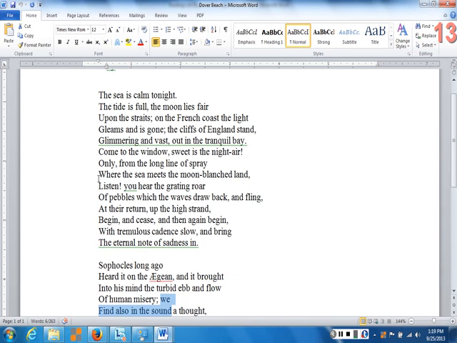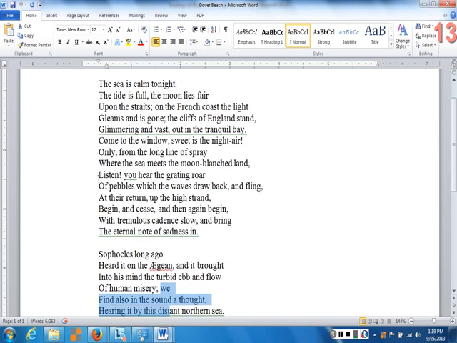Okay, so he lived a long time ago, but we in our own time find also in the sound a thought, hearing it by this distant northern sea. Okay, distant northern sea meaning distant from and farther north than the Aegean Sea.